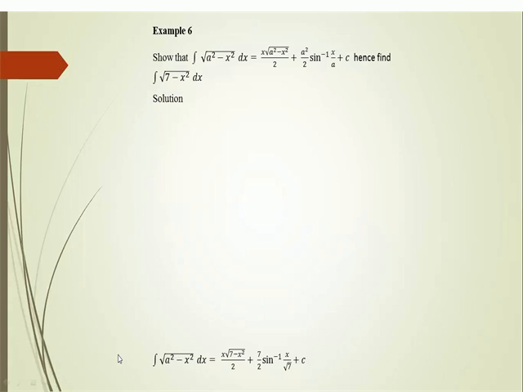You differentiate u with respect to theta, you will have 2. Then you will make d theta the subject of the formula. You will have d theta is equals to du all over 2. Then this one now simply means you will integrate cos u. This d theta, you are no longer writing it. What you are writing is du all over 2.